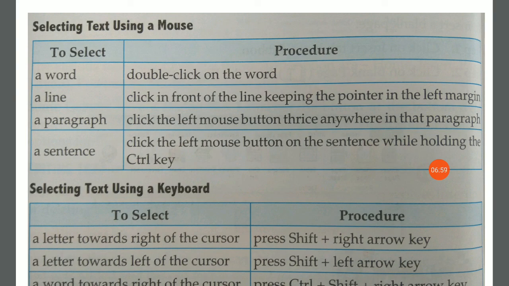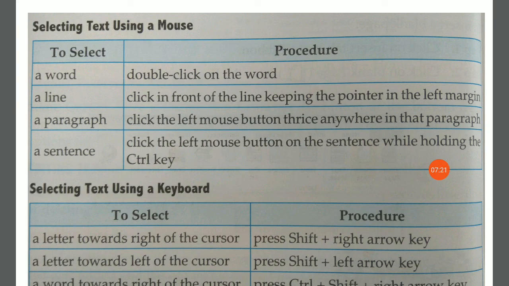If you want to select a paragraph, what you need to do? You need to click the left mouse button thrice anywhere in that paragraph. Means you need to press left mouse button 3 times. Means triple click you need to do.